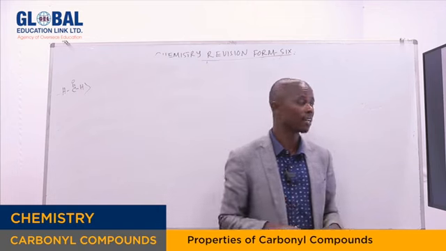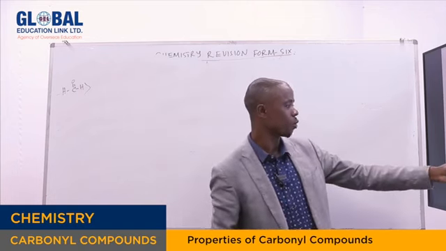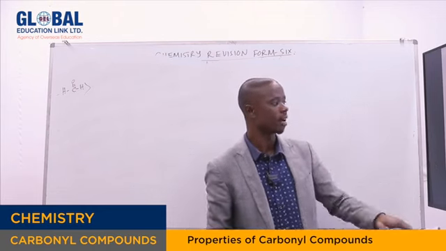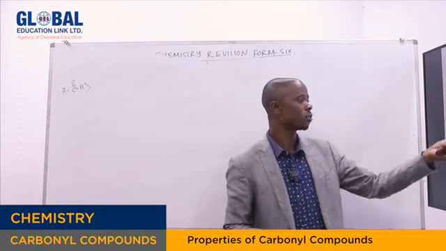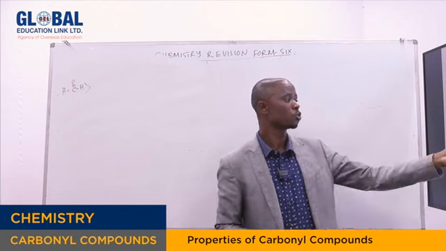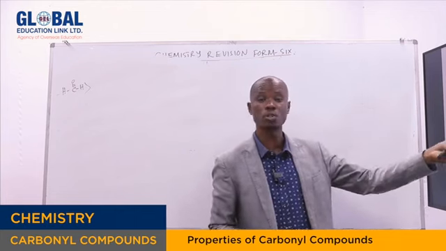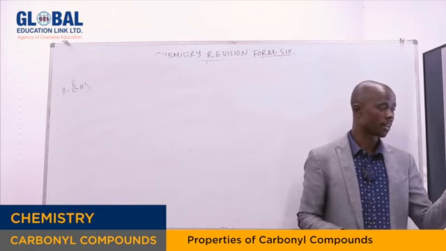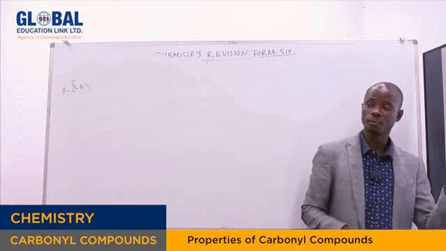From there, go to another aldehyde. Here we have this one. This is ethanal. And also we have propanal. Propanal has 3 carbon atoms. So this one will experience stronger positive inductive effect than ethanal. So ethanal will experience less positive inductive effect.